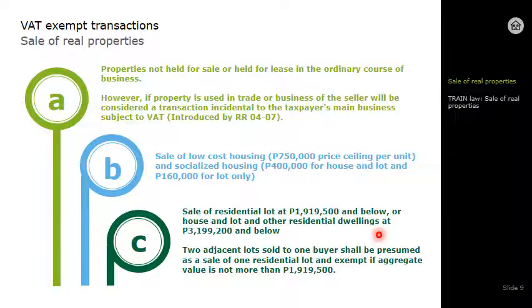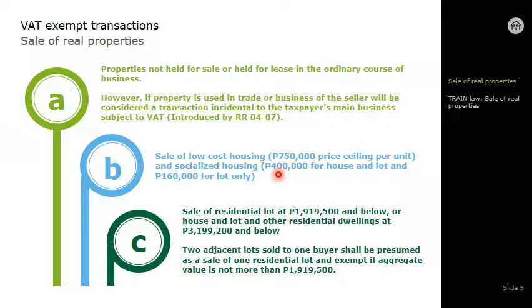Ito naman, other than those two, kung ikaw ay nagbebenta ng residential house and lot, kapag residential lot only, ang threshold amount, 1,919,500 pababa. Tsaka house and lot, 3,199,000 and below.